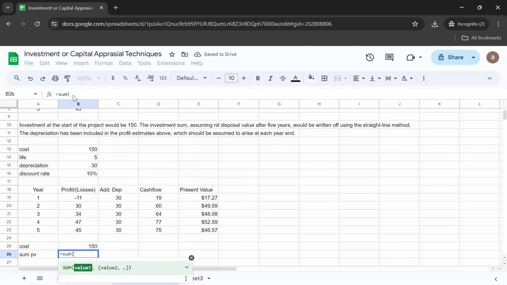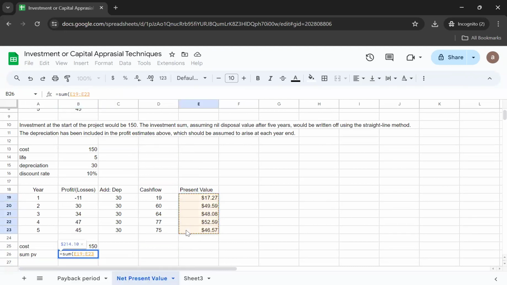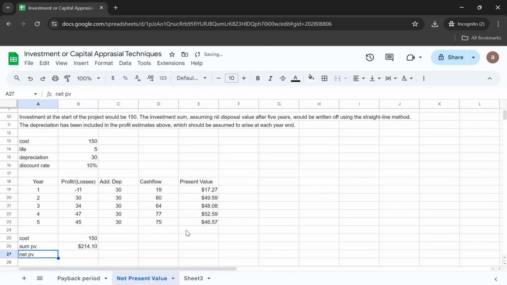So I can do sum here and add all these numbers, right? That's 214. Now, net PV would be minus 150 because that's a cash outflow plus the sum of present value, all the present value, which is a cash inflow. So net present value is $64.